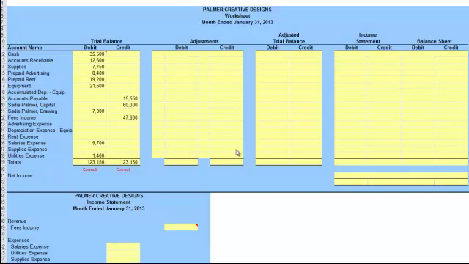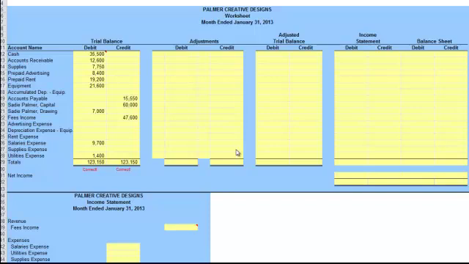But sometimes changes arise from the internal operations of the firm, and we need to make some adjustments to our accounts. For example, when we buy supplies, we debit the supplies account. But during the month, employees have gone back to the supply cabinet and taken things out, and supplies have gotten used up.